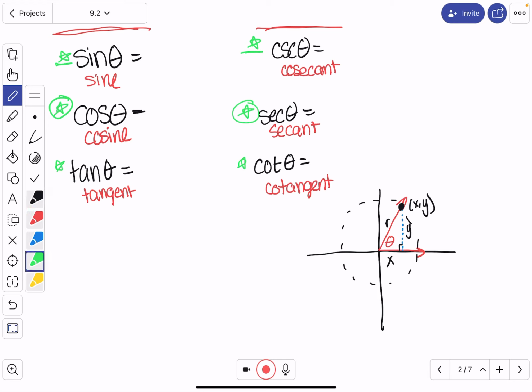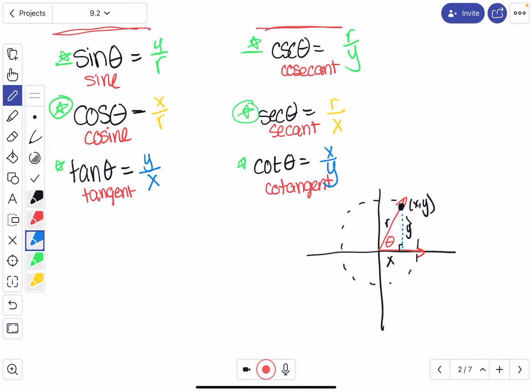So to get sine, you do y over r, and since cosecant's the reverse, it's r over y. Cosine is x over r, secant's the reverse, so it's r over x. Tangent is y over x, and then cotangent would be the reverse, x over y.